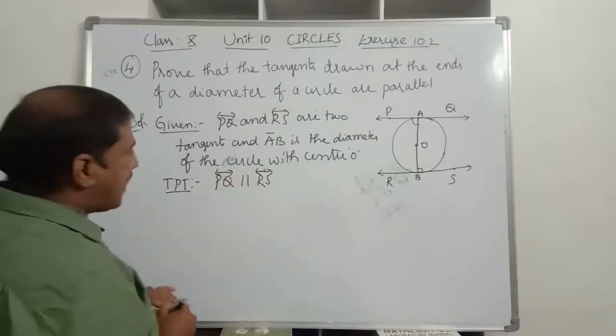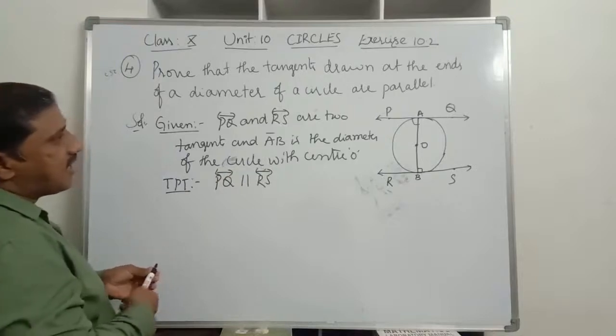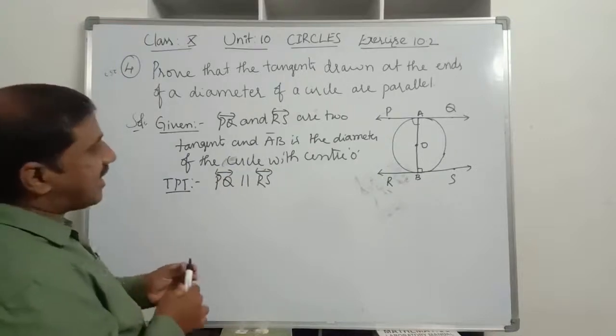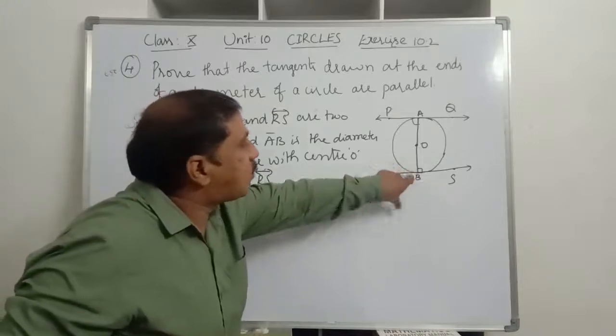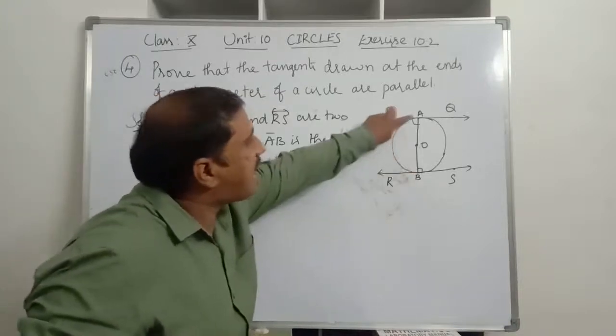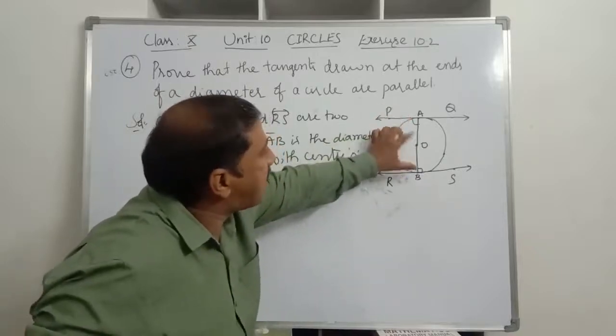How do we prove it? Here is the proof. We studied theorem 10.1 in class: the tangent at the point of contact is perpendicular to the radius. If you observe, the diameter AB is the combination of radius OA and radius OB.